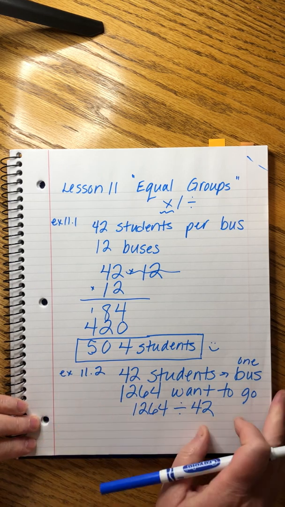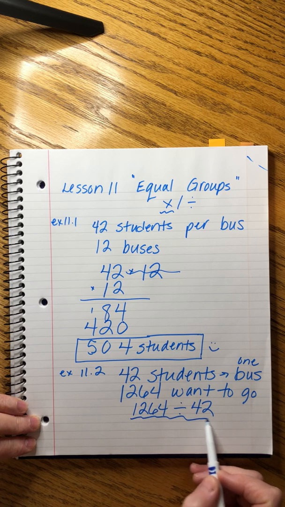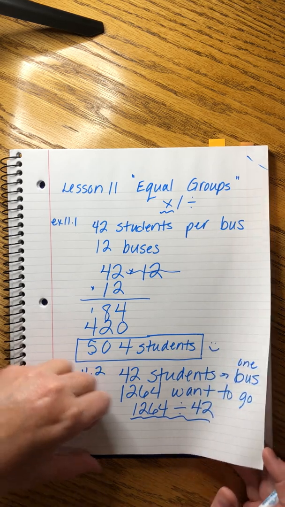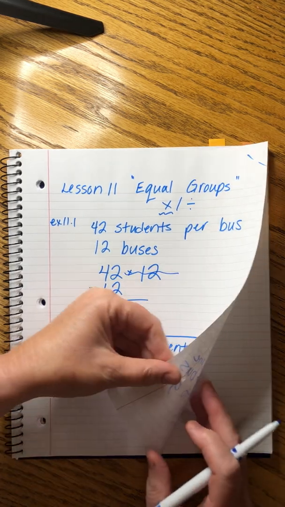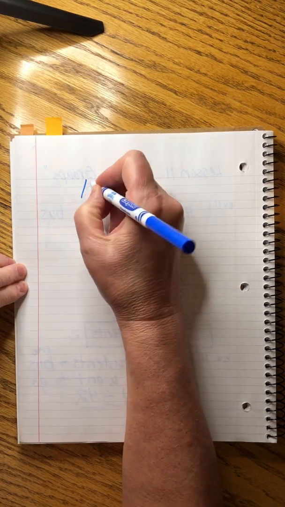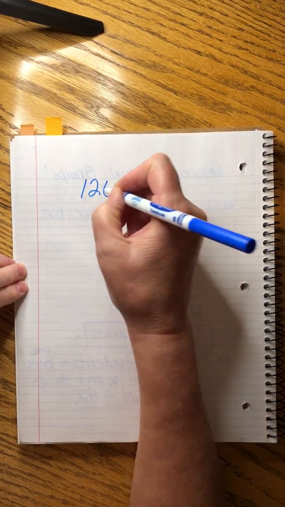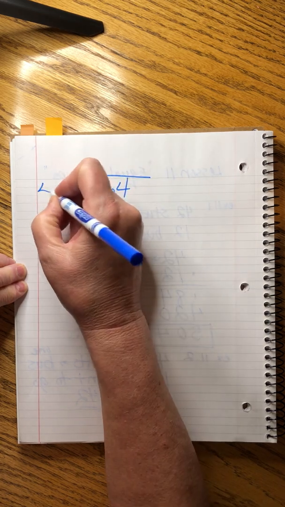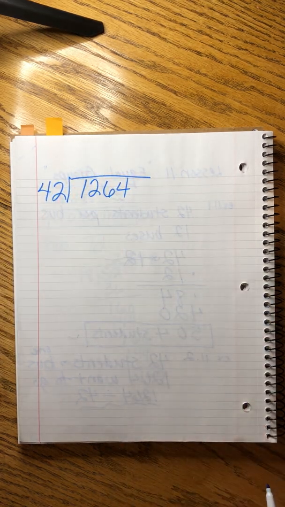All right, I'm going to flip it over. I'm going to carry this problem to the other page. 1,264 divided by 42. I remember that the way that I write that is 1,264 goes inside the division box and 42 goes on the outside.